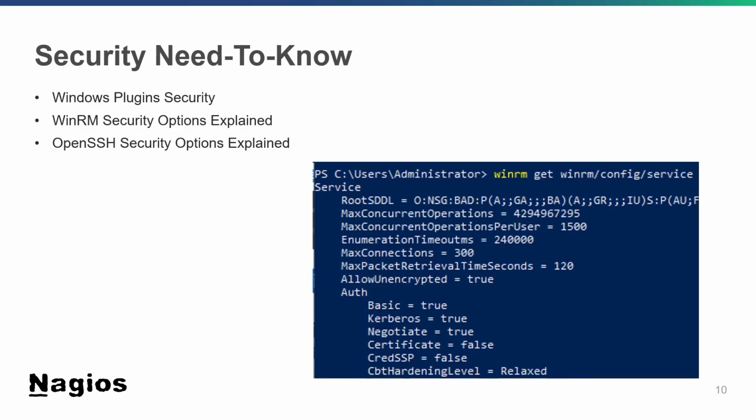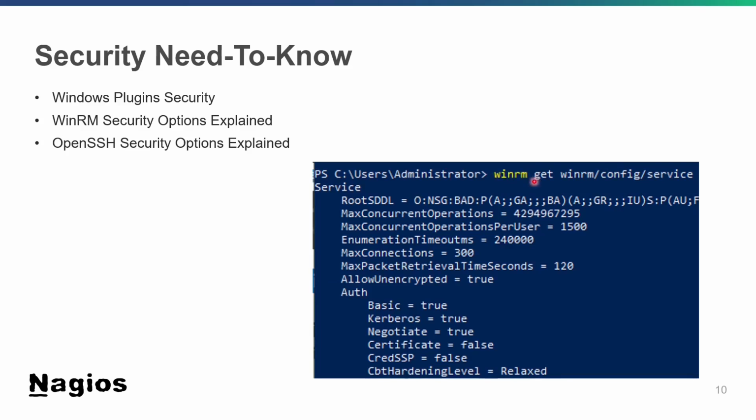Now, WinRM security options explained. This one can get a little gnarly, so I'm going to try and keep it kind of high level here. First and foremost, you can get the current WinRM service configuration with the command shown here. It's the winrm get winrm/config/service command.